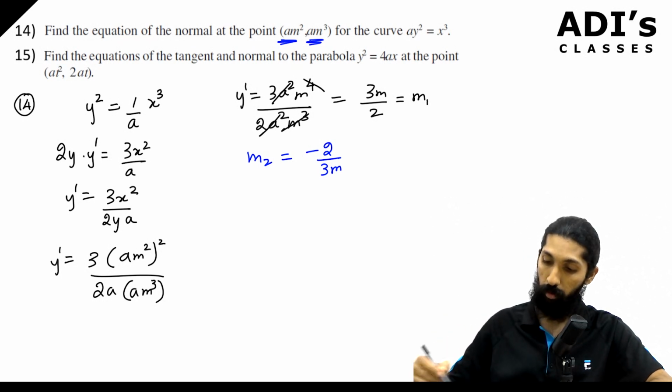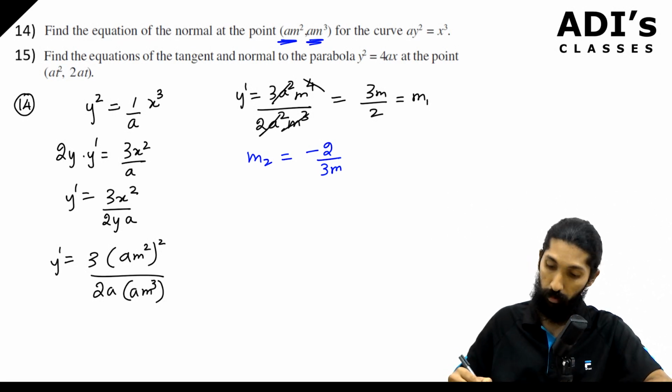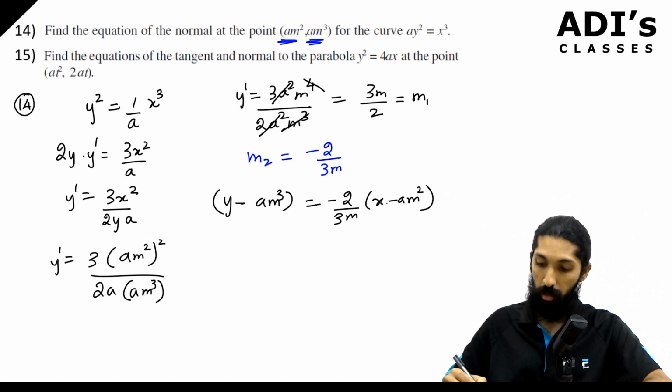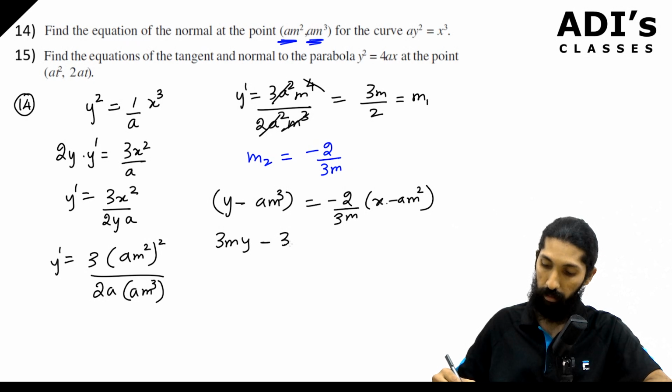Since this is the slope of the normal, y minus y1 is m into x minus x1. So y minus a m cube is equal to minus 2 by 3m into x minus a m square. Cross multiply. So you're going to get 3m into y minus 3a m power 4 equals minus 2x plus 2a m square.